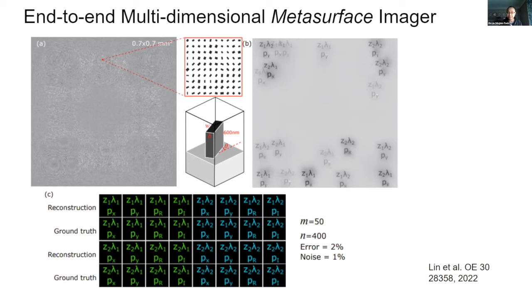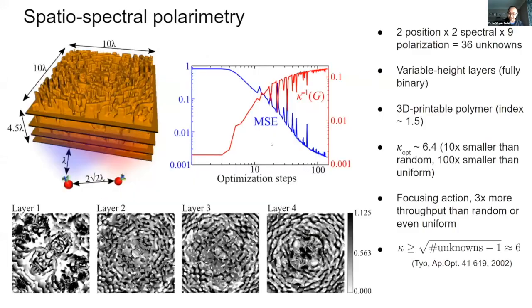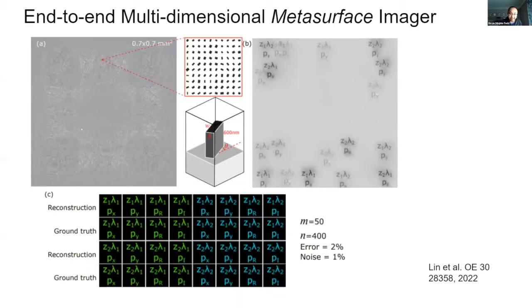From a single monochrome image, you want to extract the full multidimensional data cube that I mentioned before. So this is the first step, I would say. We have been able to scale up this fully freeform inverse design to areas of 1 millimeter or 2 centimeters or so.